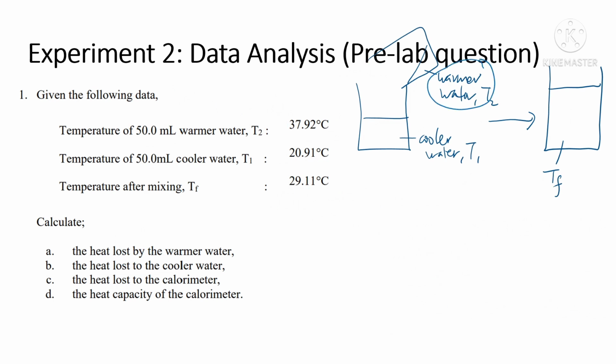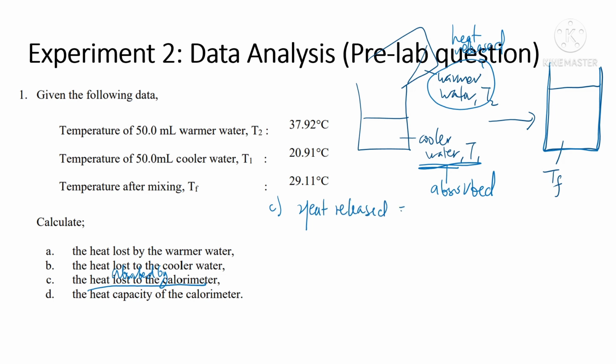The heat released by the warmer water is being absorbed by the cooler water and also the calorimeter. Therefore, in Part C, when we want to calculate the heat absorbed by the calorimeter, we can use the formula: heat released is equal to heat absorbed by cooler water plus heat absorbed by calorimeter.